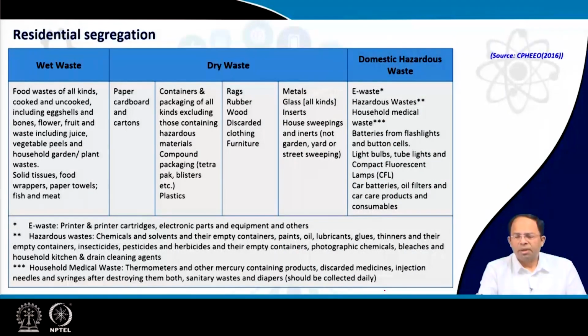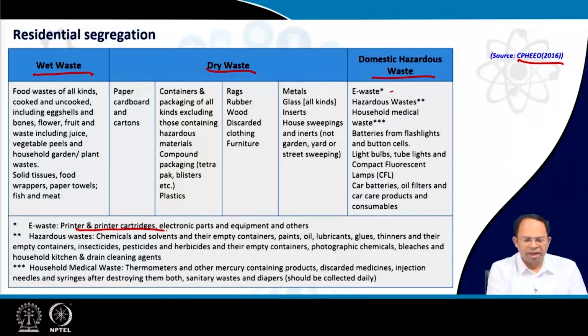Now, this table is given by CPHEEO in the Manual for Solid Waste Handling and Management. There you can see that for residential segregation, we have to segregate as per wet waste, dry waste and domestic hazardous waste. And as we have discussed earlier also, domestic hazardous waste includes e-waste. E-waste is printer cartridges, electronic parts and so on.